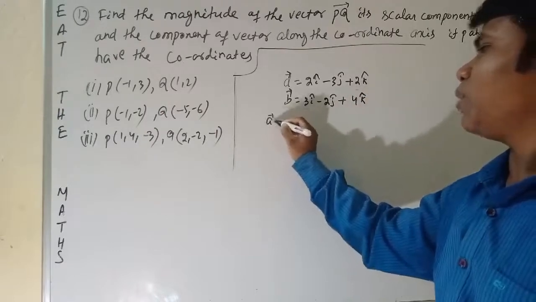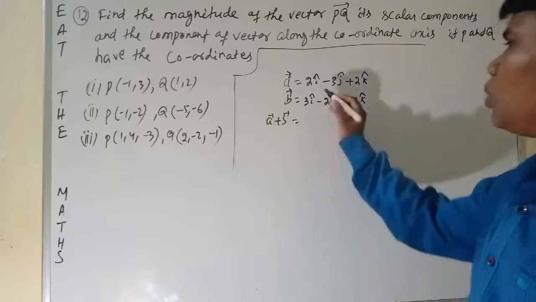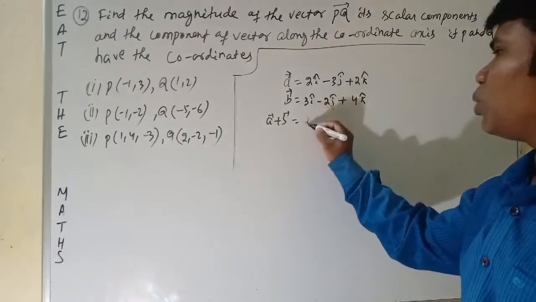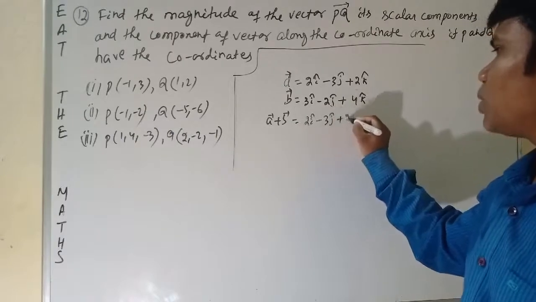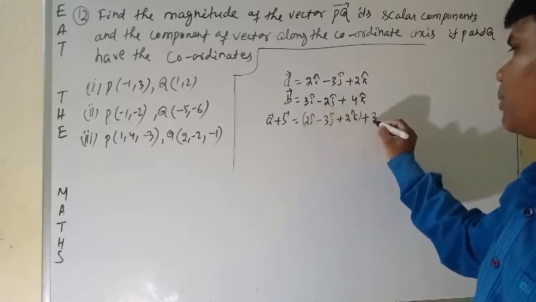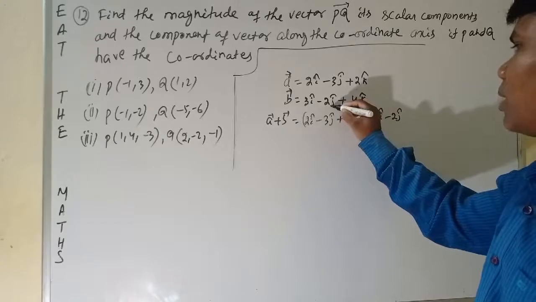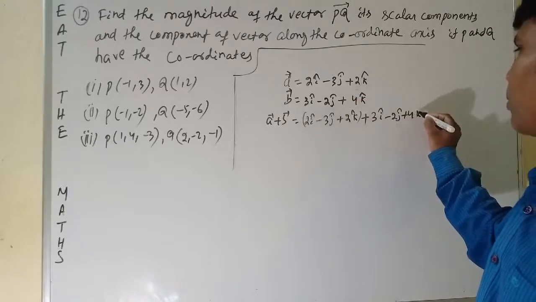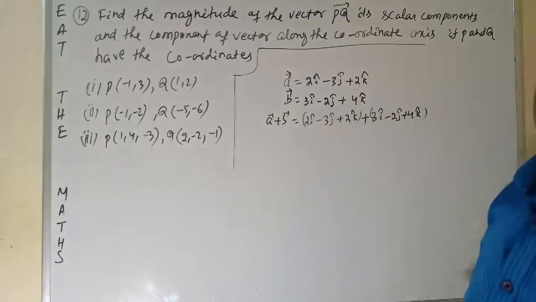Suppose a plus b: 2 i cap minus 3 j cap plus 2 k cap added to 3 i cap minus 2 j cap plus 4 k cap. i will be added with i, j will be added with j, and k will be added with k.